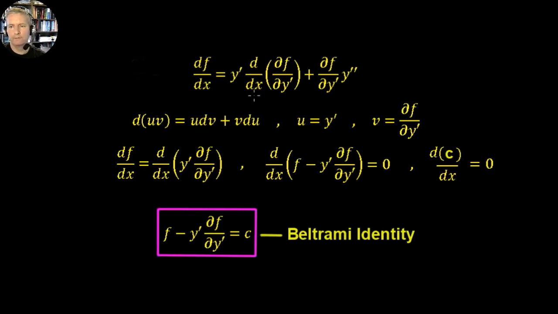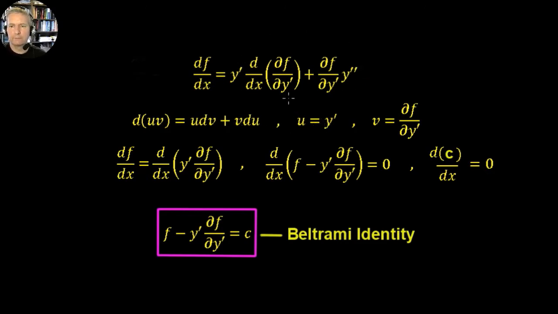But if you look above, if we look at u dv, well, u is just the y derivative, which is this term here, and dv is just this differentiated with respect to x, d by dx of partial f by partial y derivative. And also v du: v is going to be the partial f by partial y derivative, and du is the y derivative differentiated again, which gives us a y double derivative.